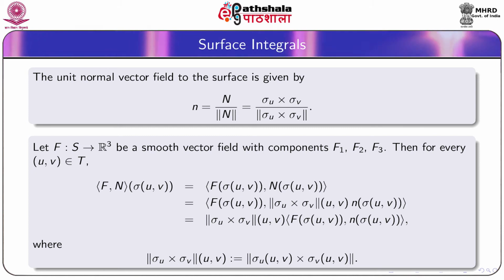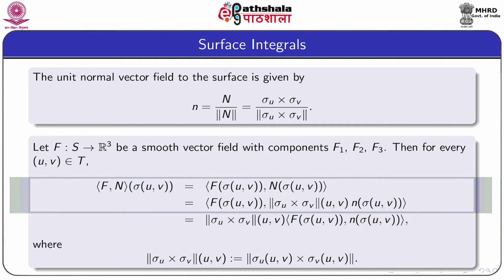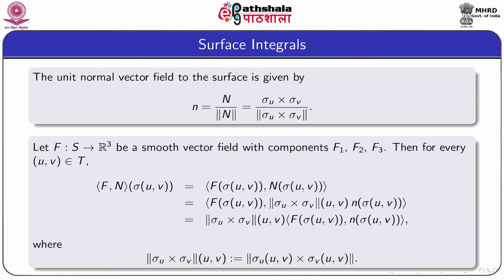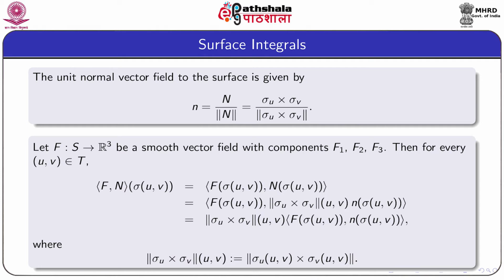Then for every (u,v) in T, we find that the inner product of F and n applied on sigma(u,v) equals the inner product of F(sigma(u,v)) with n(sigma(u,v)). So, it equals the inner product of F(sigma(u,v)) with N(sigma(u,v)) divided by norm of sigma_u cross sigma_v at (u,v), where norm of sigma_u cross sigma_v at (u,v) equals norm of sigma_u(u,v) cross sigma_v(u,v).